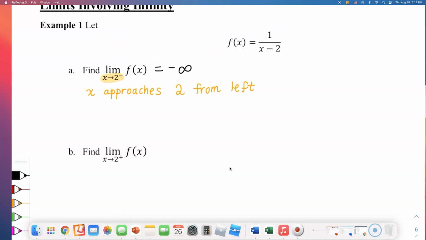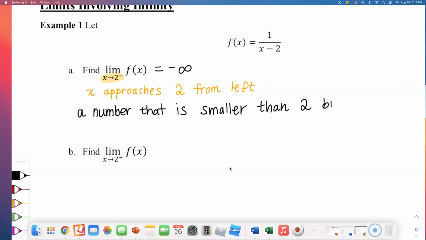Let's try to do one numerically, okay? What is a number that is smaller than 2, but really close to 2?